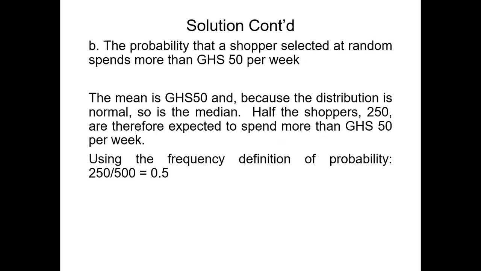Then the second one was to find the probability that the shopper selected at random spends more than 50 per week. When we computed the z-score for 50, if you remember, we had a z-score of 0. I've already told you that if you draw this, half of the curve is 0.50.